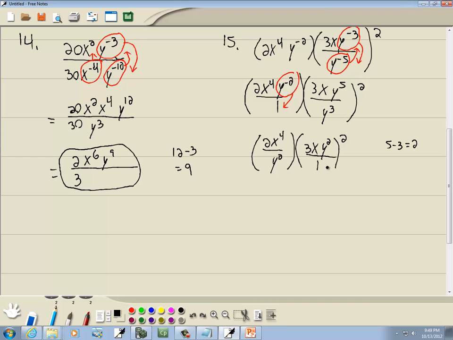But here, if everything inside your parentheses is either multiplication or division, notice here I got 3 times x times y squared divided by 1. So if everything's multiplication division, you can take everything to that power. So let's do that. So we got 2x to the 4th over y squared, and we're going to have 3 squared, x squared, y squared to the second power, and 1 squared.